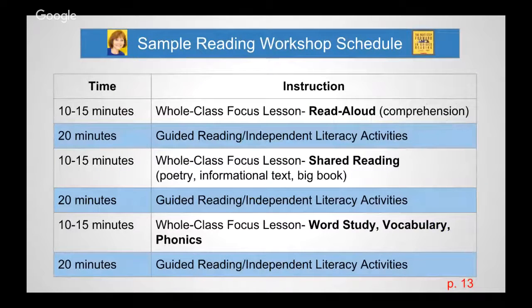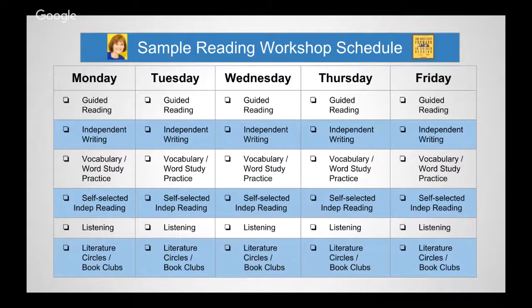This sample workshop schedule looks pretty similar to the sisters. The sisters talk about the Daily 5. This is definitely the Daily 3. For intermediate, I thought this was kind of sweet, where kids would be able to track what they're doing during that reader's workshop, what they're doing when they're in guided. Some days they'll be in guided, but then what are the other things that they're doing when they're not in guided instruction?